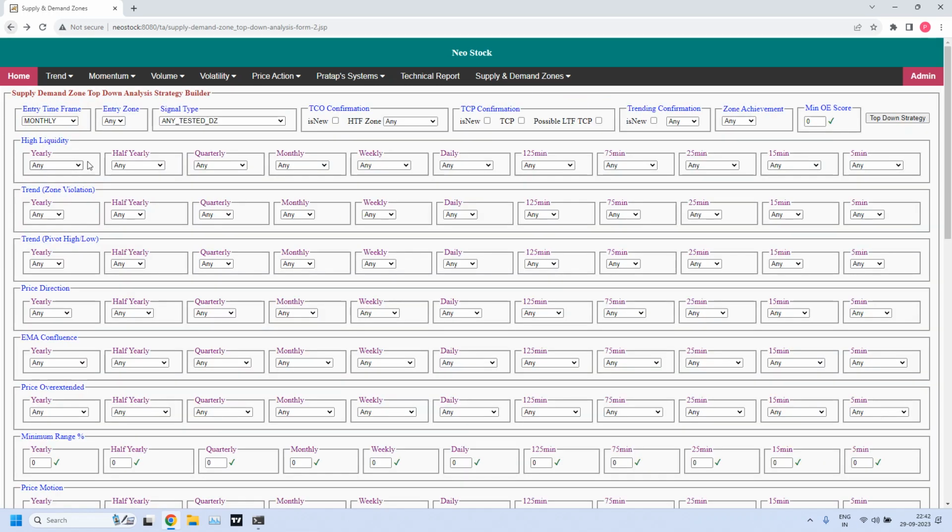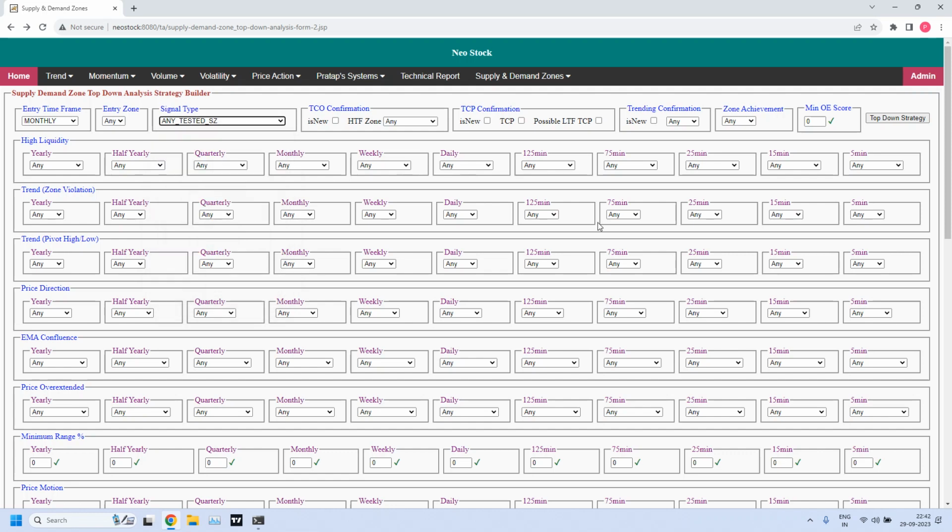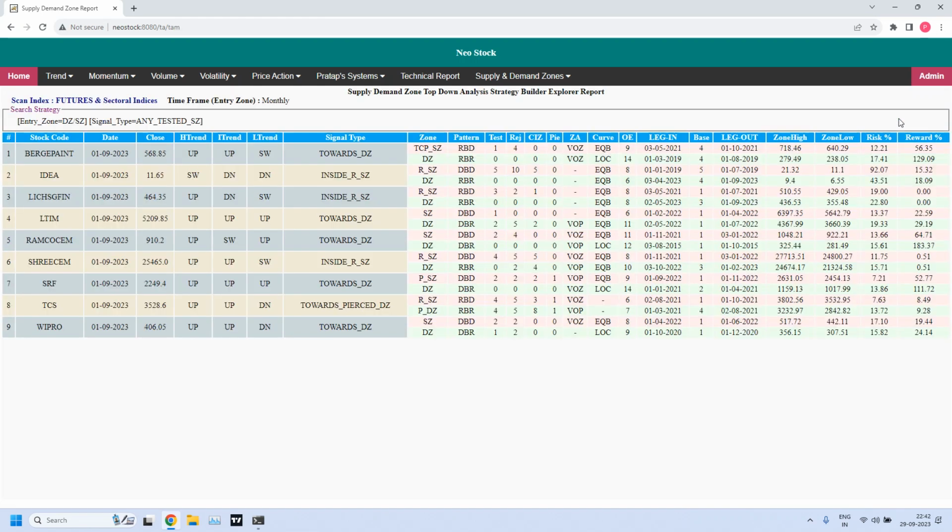Let's go back. For monthly time frame, let us filter the tested monthly supply zones. So total 9 monthly supply zones are tested during this month.